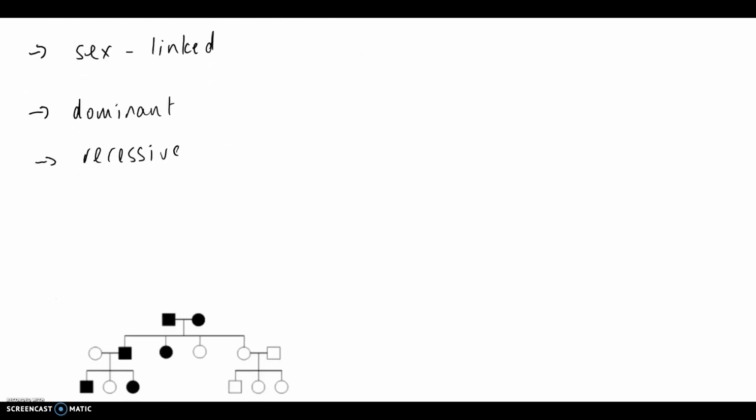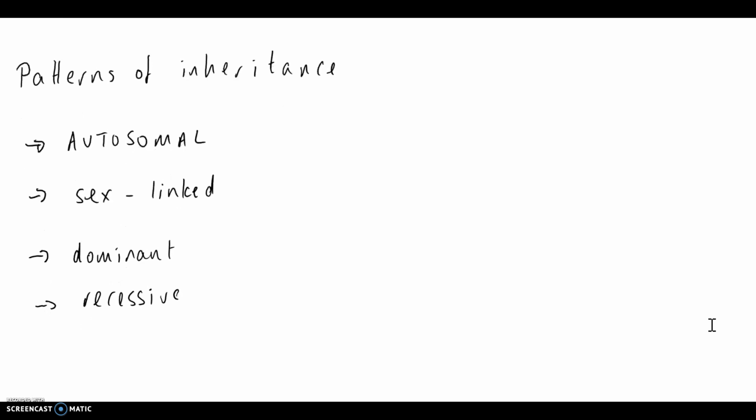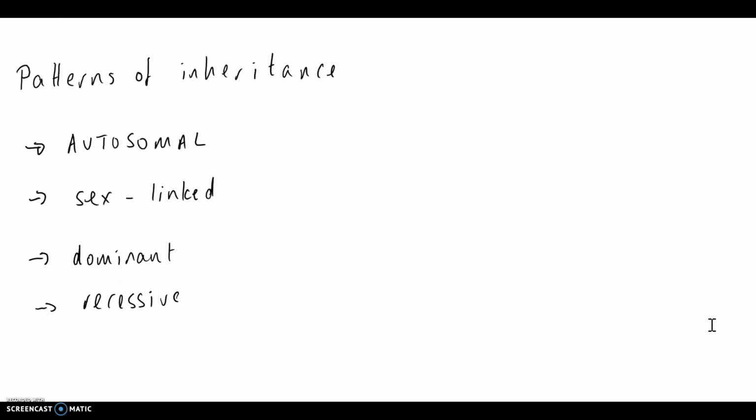So let's first of all look at patterns of inheritance. You can be asked to identify a pattern of inheritance using a pedigree analysis, and these words now become really important. So what does autosomal mean? Well, autosomal means a gene carried on chromosome 1 to 22, so our body chromosomes.